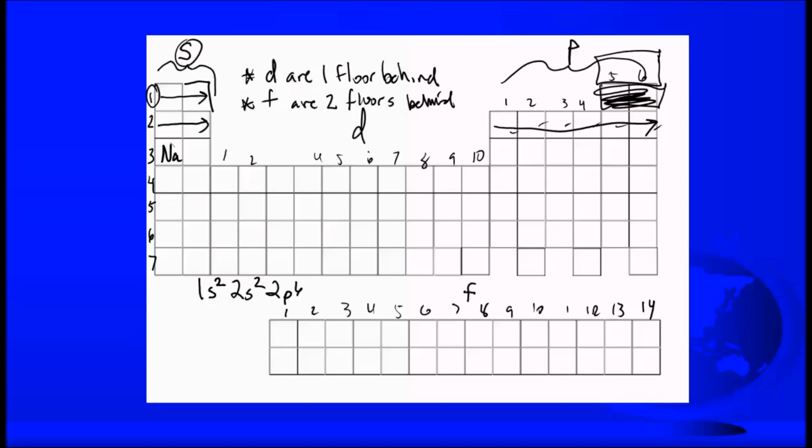We have now placed 10 students. We have to place the 11th one. The 11th one will live in the 3rd floor sauna room, and I only place a 1 there because there's only 1 student there, the sodium student. And that is the electron configuration for sodium.